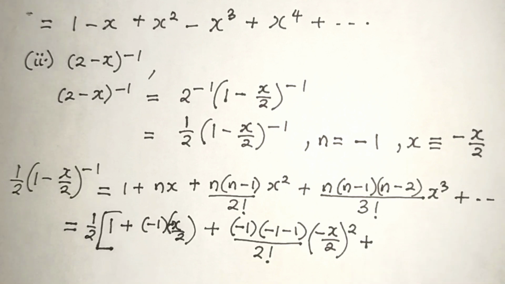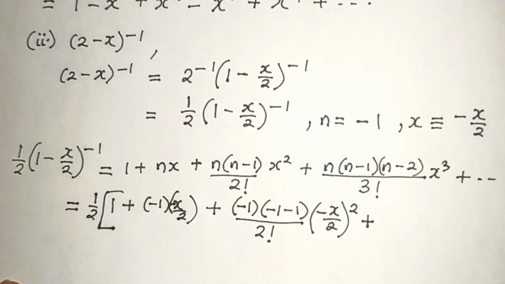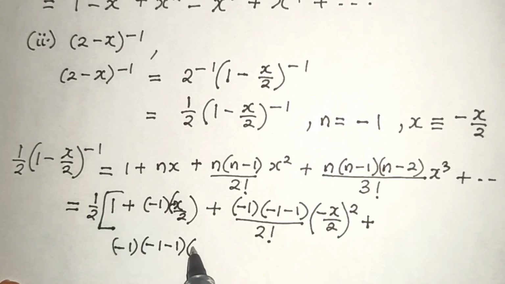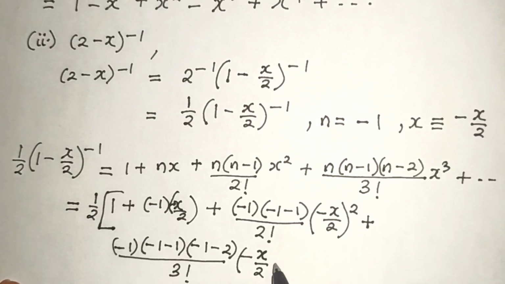plus the third term. The third term will be minus 1 multiplied by (minus 1 minus 1) into (minus 1 minus 2) all over 3 factorial times (minus x over 2) raised to power 3 plus the fourth term.